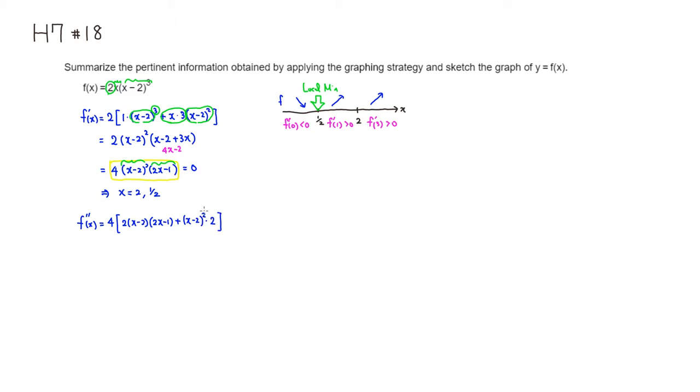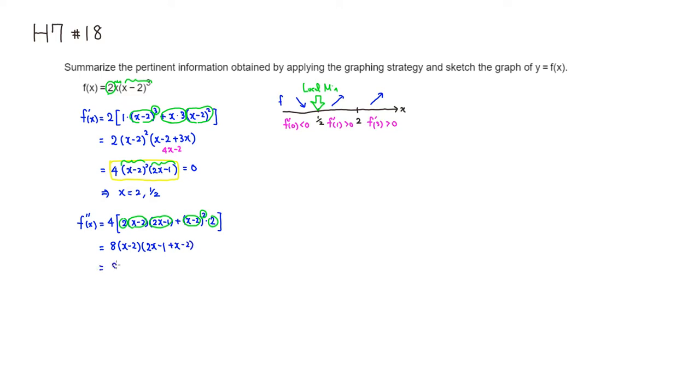The derivative of the second guy is 2. So common factor: first you have a 2 here and a 2 there. Pull it out. So 4 was already there, so 4 times 2 is 8. And we have x minus 2, and here there are actually 2 of them, so we pull out the quantity x minus 2. What's left is 2x minus 1 from the first term, and then x minus 2 from the second term, so plus x minus 2.